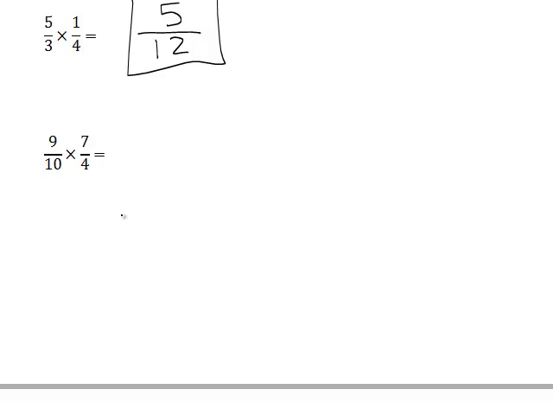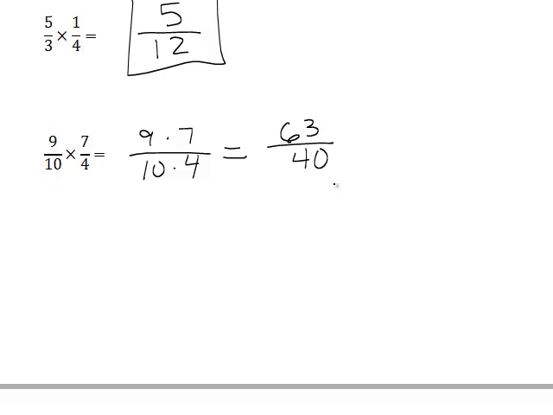9/10 multiplied by 7/4. First we multiply our numerators together. I could write this out for you too: 9 multiplied by 7 over 10 multiplied by 4. We multiply our numerators together, and we put that over our denominators multiplied together. Ultimately, we want the products. So 9 multiplied by 7 is 63. 10 multiplied by 4 is 40.